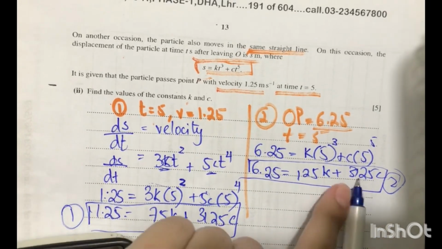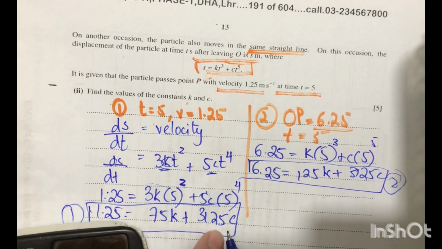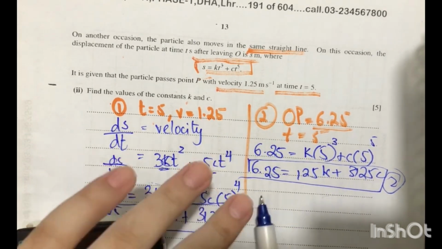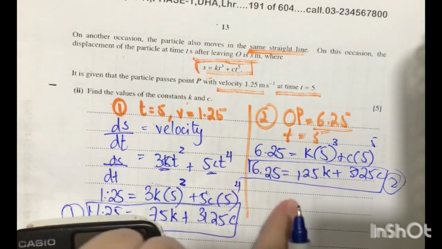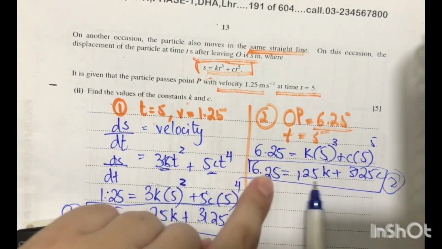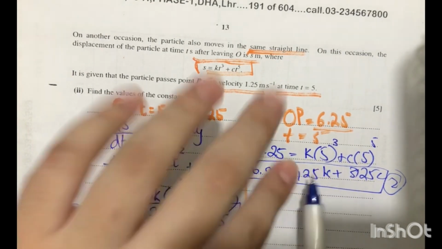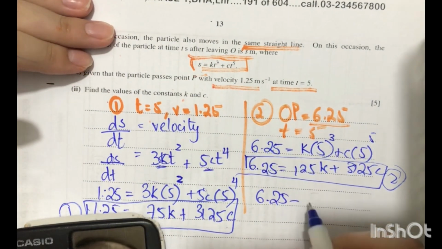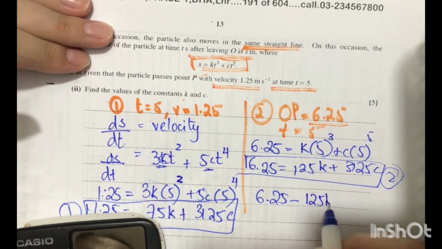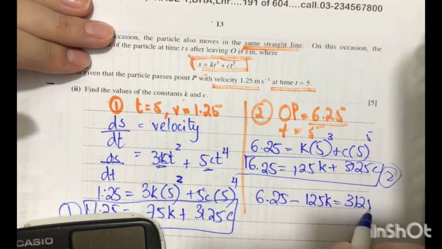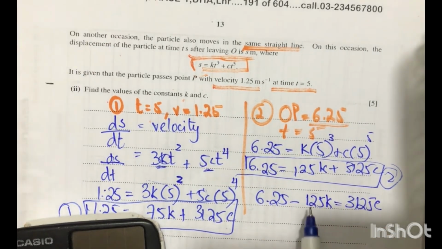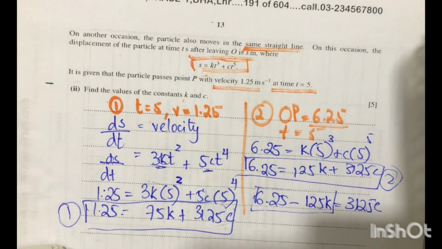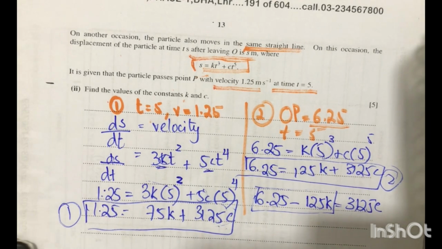You can see that 3125c is present in both equations. So we can use any one equation and make it in terms of k and this value, so basically we can write this as 6.25 minus 125k is equals to 3125c. And now we can substitute this value in place of 3125c.